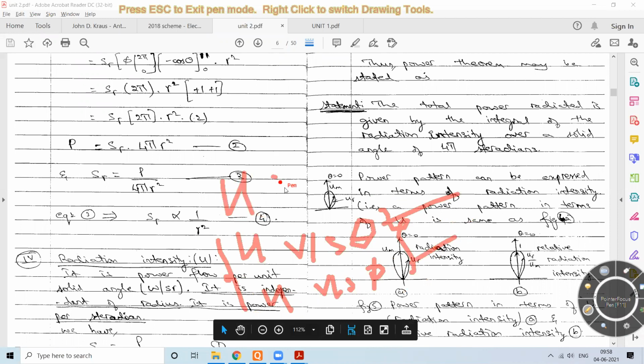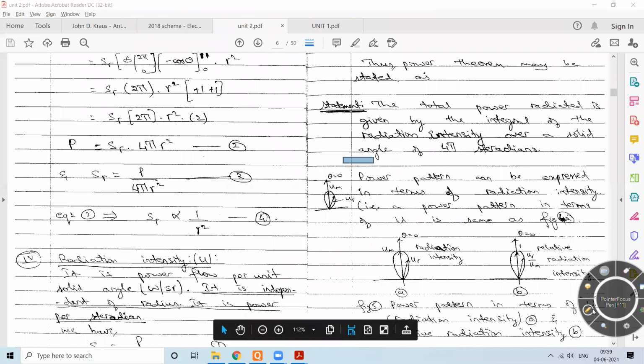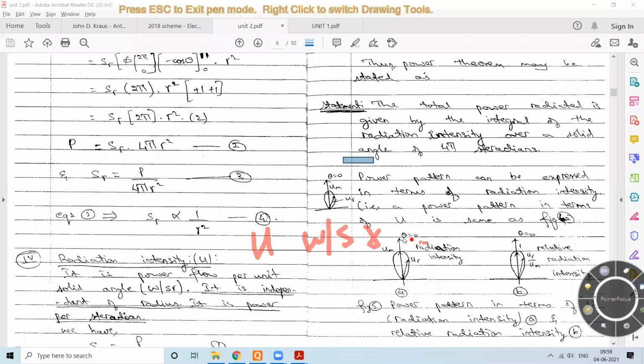If I plot U versus theta and phi together, I'll get the three-dimensional radiation pattern or intensity pattern. If I consider U in watt per steradian and plot it with respect to theta or phi, I'll get the absolute radiation pattern or the absolute power pattern.